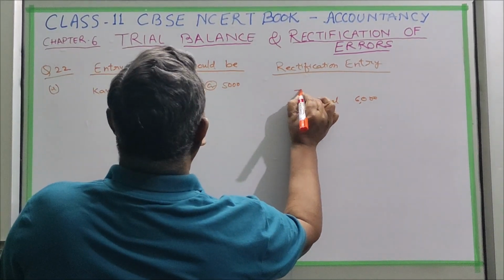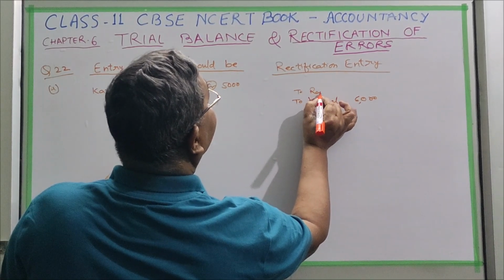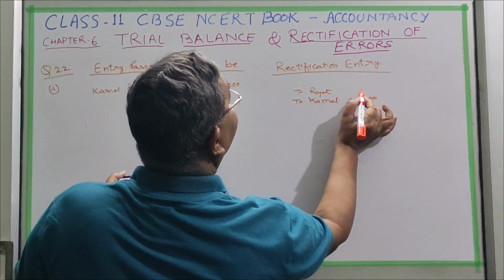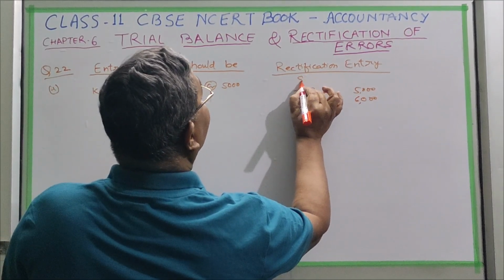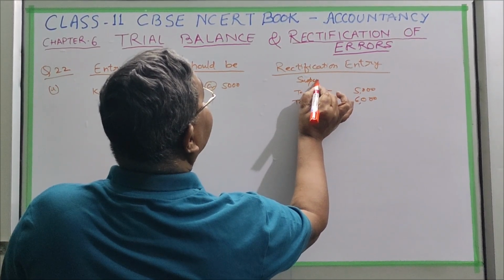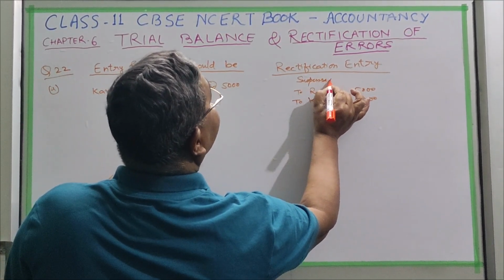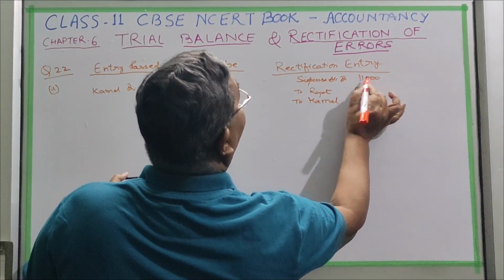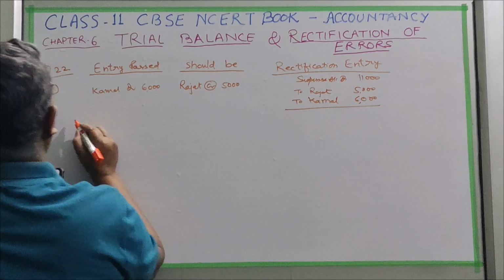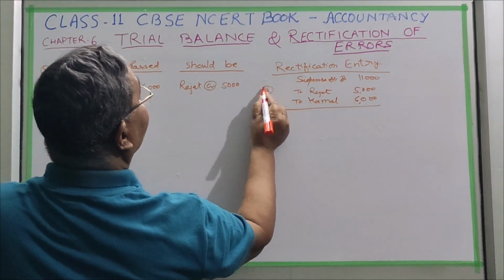Now you credit Rajat 5,000. And the not known portion, suspense account, debit 11,000. Okay, this is over. Now entry A is over.